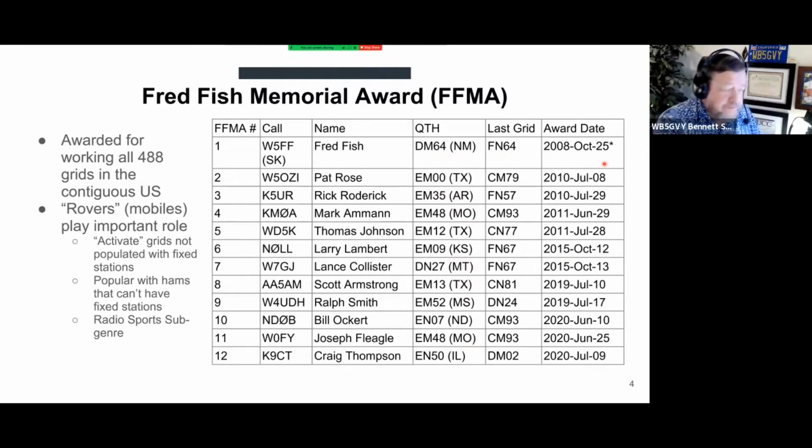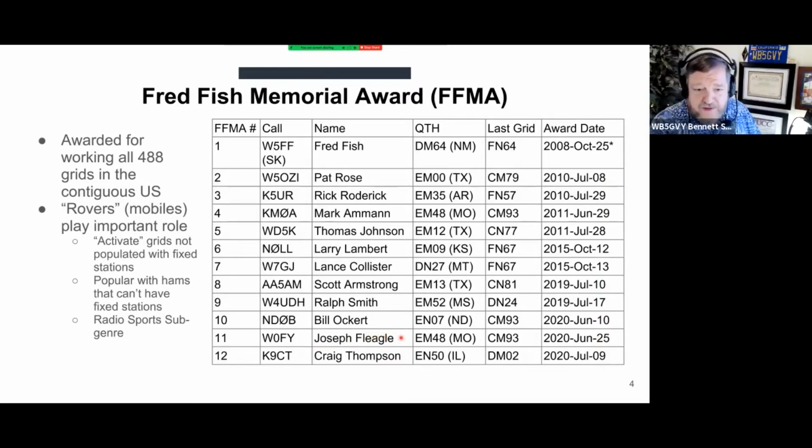You can see that a dozen people have qualified. I haven't checked in the last 6 to 9 months or so, but there have only been about 12 hams that have done this since the award was started in 2008. So this is the holy grail for people working 6-meter grids.